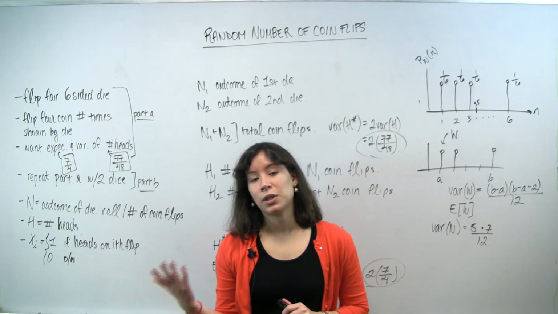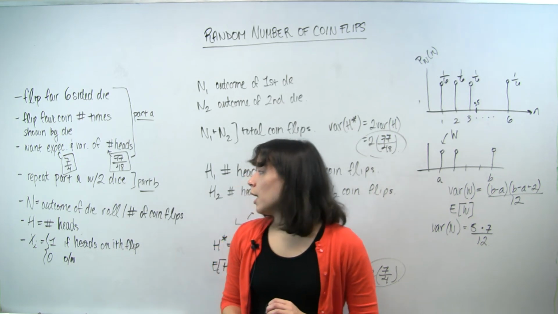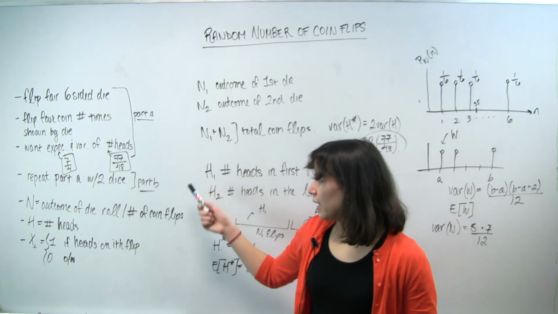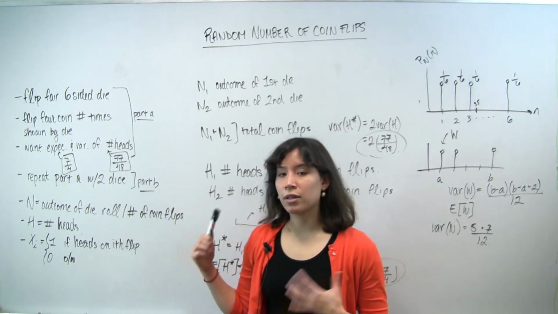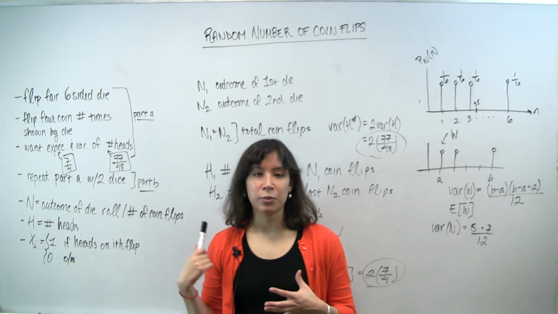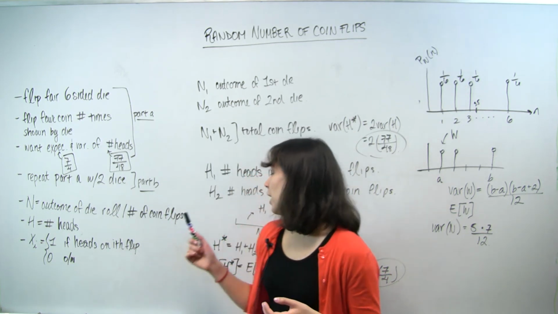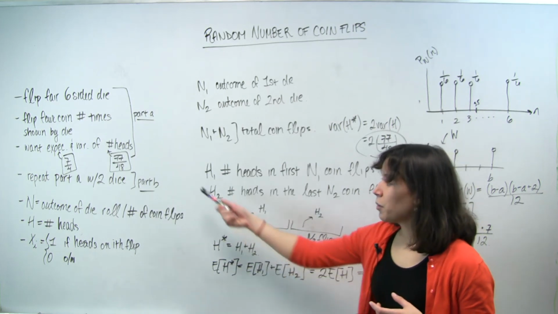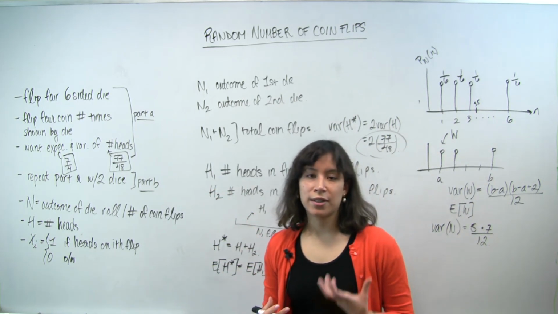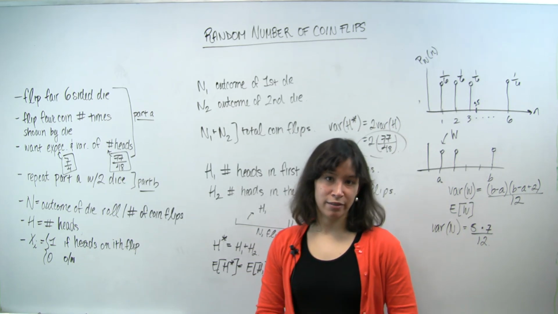To compute variance, we used the law of total variance. And then in part B, we were just a little bit clever. We thought about how we can reinterpret this experiment to reduce computation, and we realized that part B is essentially 2 independent trials of part A, so both the mean and the variance should double.